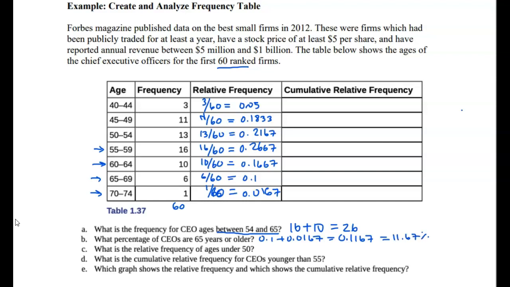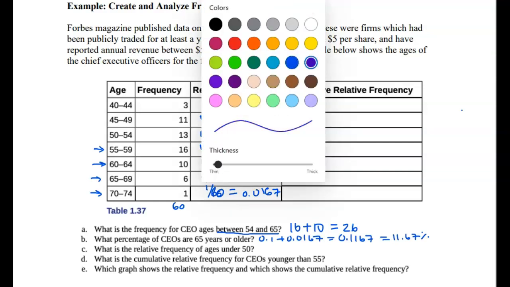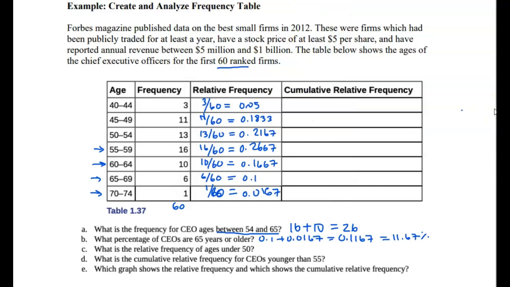Okay, let's look at C. What's the relative frequency of ages under 50? Okay, so let's fill in the cumulative frequency, which might help us with that answer. We can add things up, but I think it's easier to find the cumulative relative frequency.